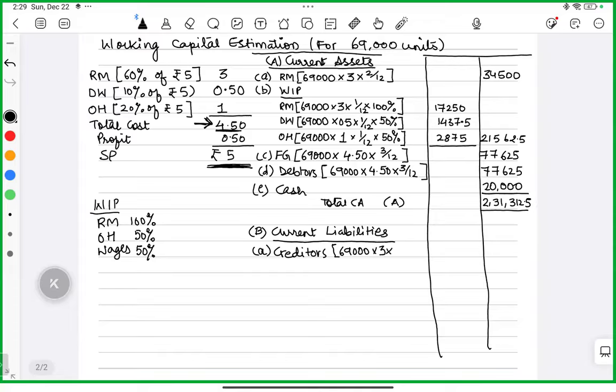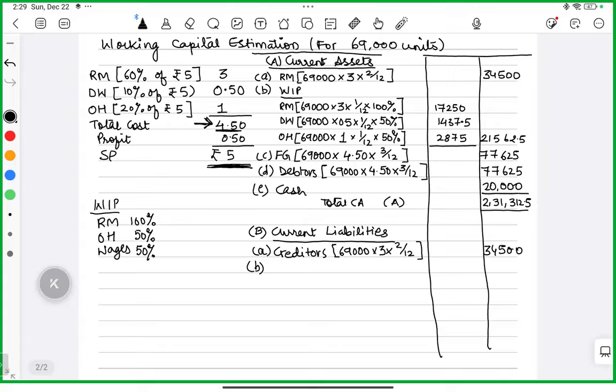So 69,000 into 3. And see the question, credit for material. That is, our suppliers allow us credit of 2 months. Okay. So we are buying 69,000 into 3. That is the cost of raw material that we are buying for the whole year. So for 2 months, how much? So into 2 by 12. So 34,500 worth of creditors are outstanding.